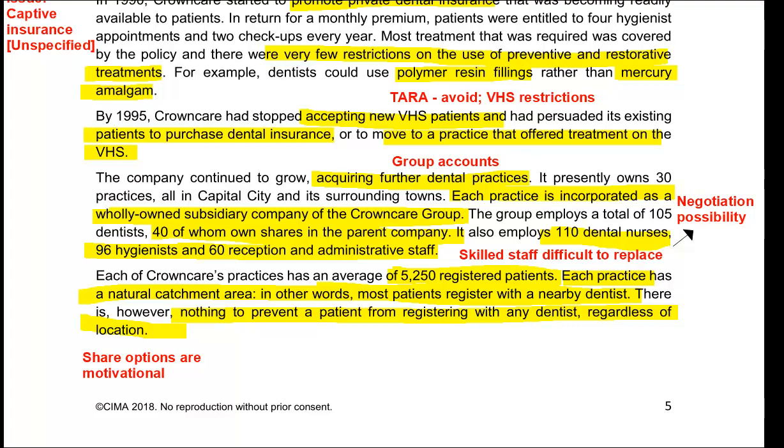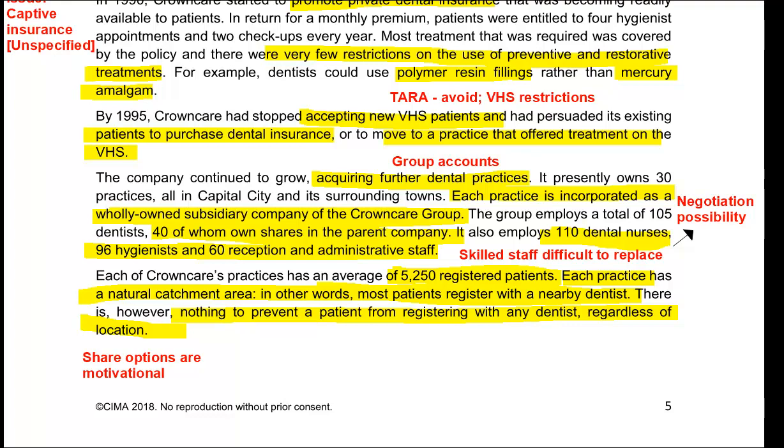Now, when we think about dentists, we don't really think about marketing, but it is an increasing trend in the industry to spend more on marketing or get consultants' help on marketing, and they could, in theory, market to these patients outside their existing natural catchment areas to try and circumvent the fact that they're more likely to go to rivals that are closer to their location.